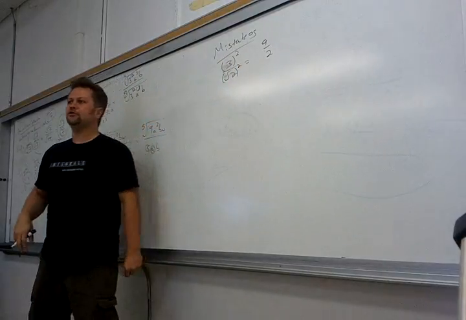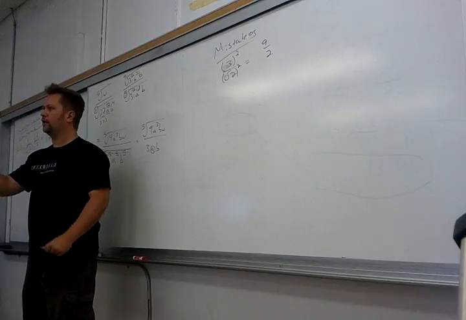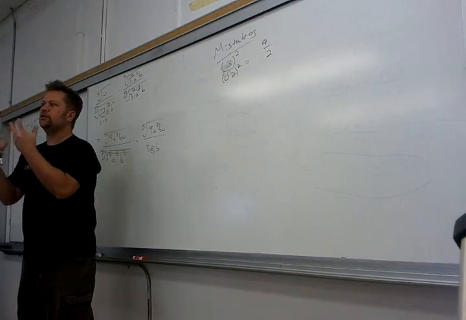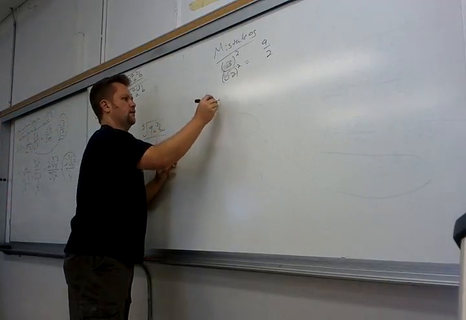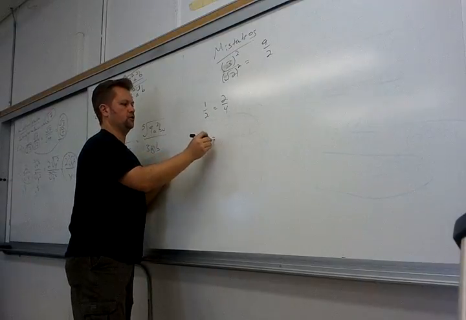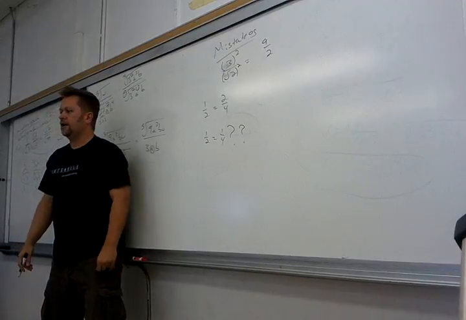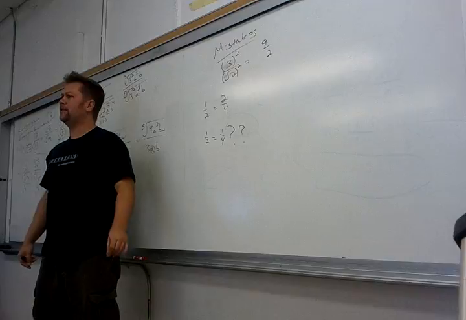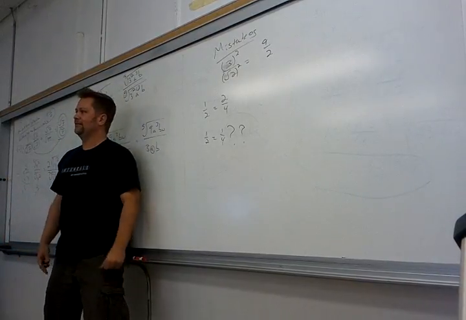Are you allowed to square the top and the bottom of a fraction? No, you can only multiply or divide, because those are the only things that maintain the ratio. We know 1/2 is the same as 2/4. But if you square top and bottom, don't you get this? I'll give you half of the money you work, which is the same as 1/4 of the money, which is the same as 1/16 of the money.